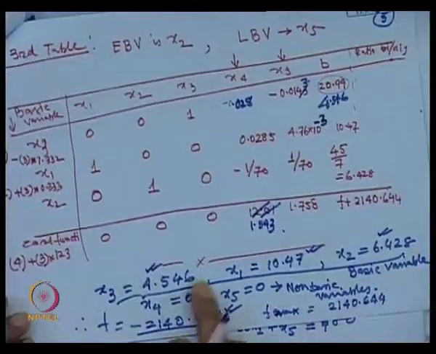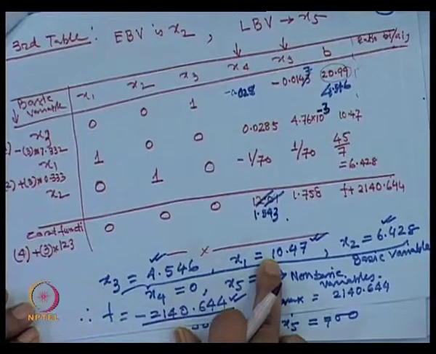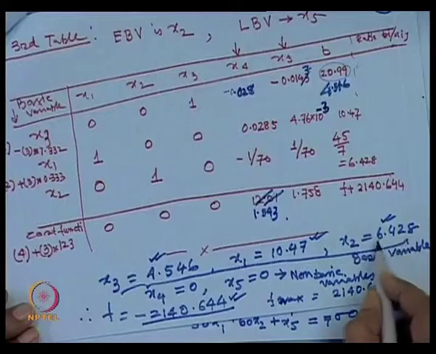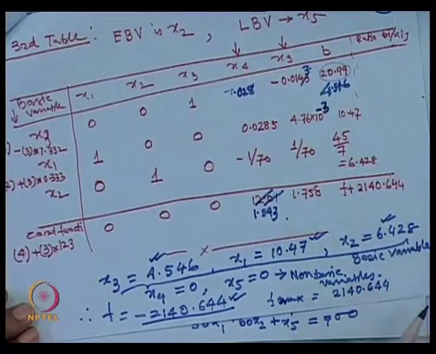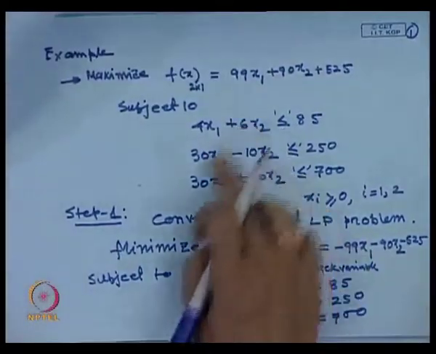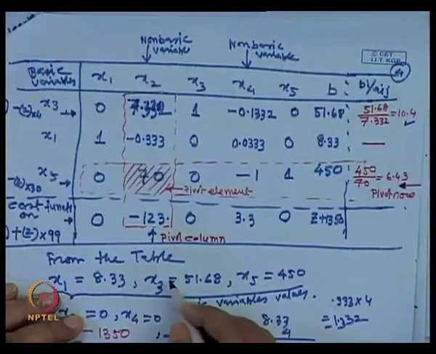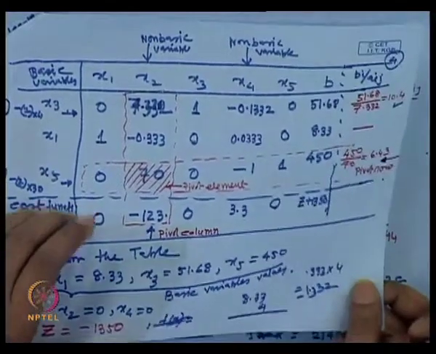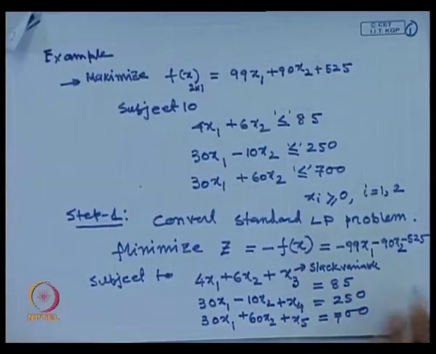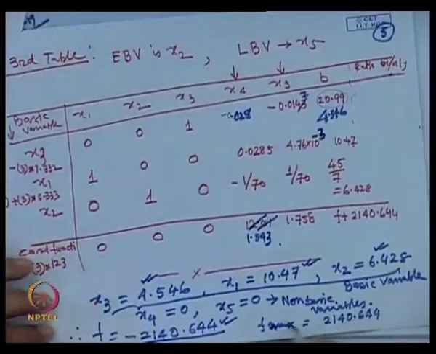And what are our x 1 and x 2 values? x 1 is 10.4, x 2 is 6.48. These two values are the design variables, x 1 and x 2. Agree?